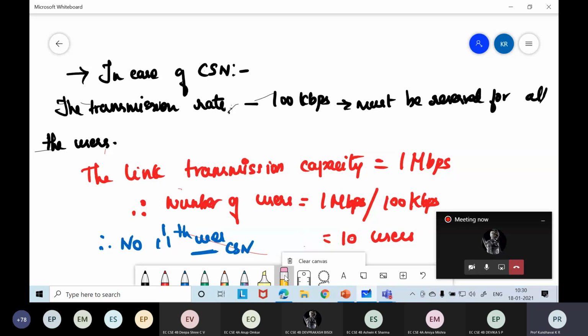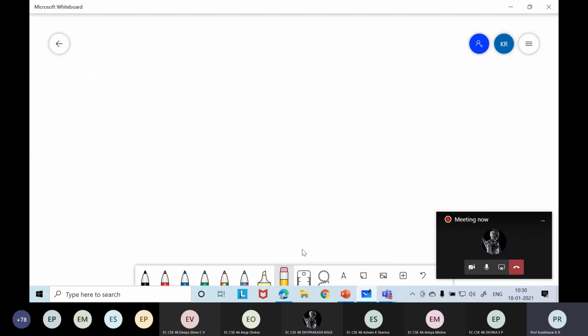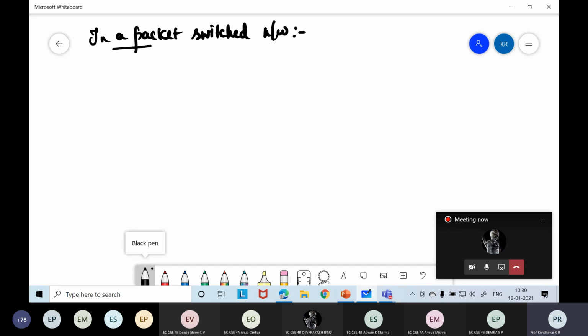But that's not the scenario in packet switched networks. As I said when I taught you packet switched networks, the allocation is only based on demand. Here in the question, we have a rate of 1 Mbps.